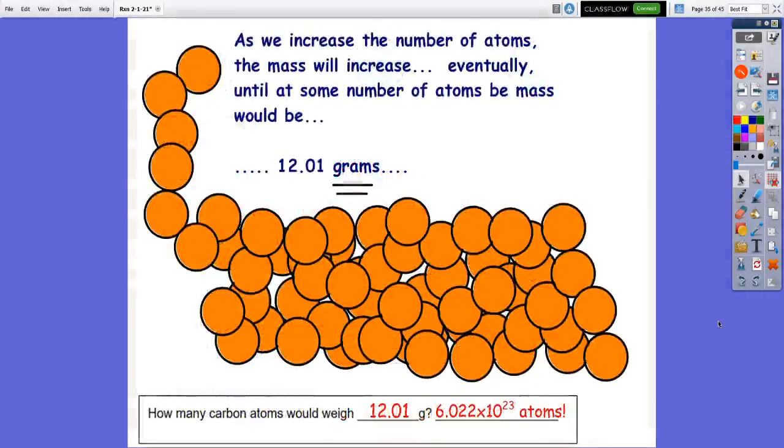So eventually, I can get enough carbon atoms that would weigh 12.01 grams, the same amount in grams as it weighs in AMU. So that magic number of how many carbon atoms do I need? That's 6.022 times 10 to the 23rd atoms. It's 1 mole.